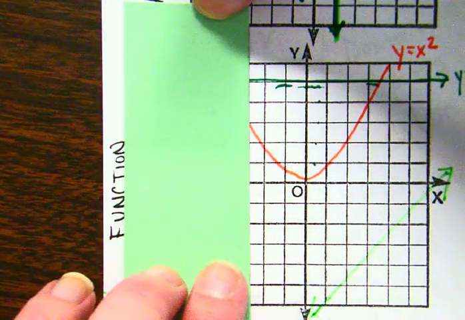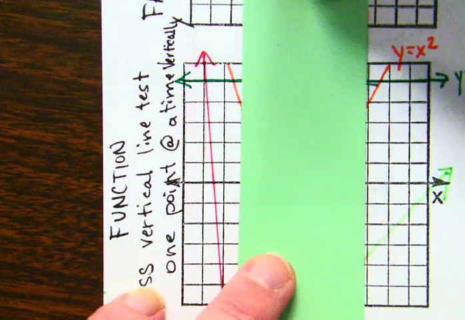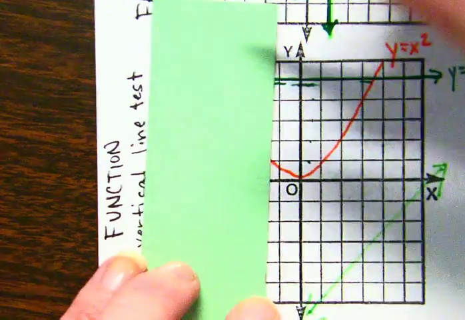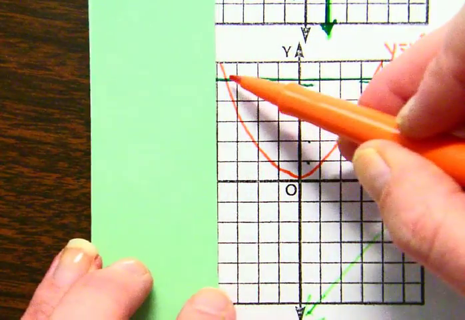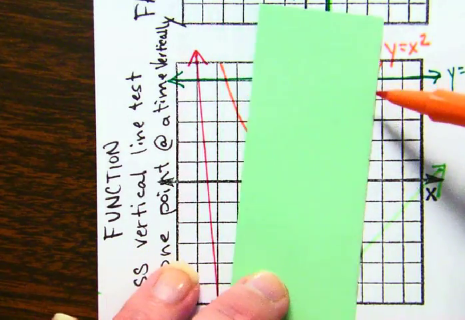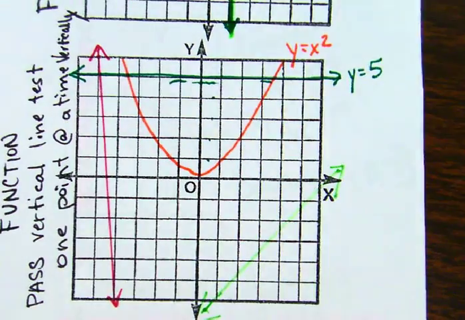Is it a pass or a fail? It just touches one point on this line at a time. Look at that orange line. That's a pass.